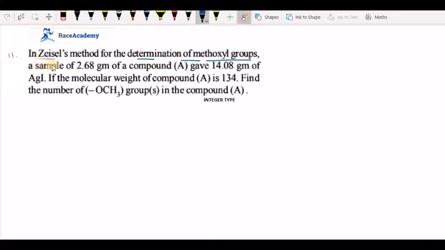So if the Zeisel method is discussed, this is discussed particularly for the determination of the number of methoxyl groups, alkoxy groups, when an alkyl halide is treated with silver nitrate.